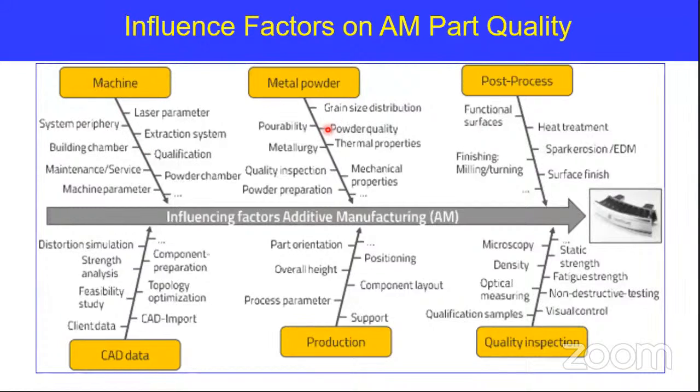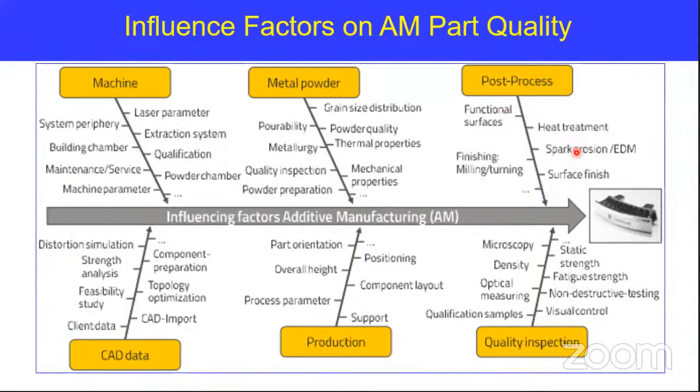For example, when we are focusing on metal AM, not FDM, then the kind of metal powder and its quality, the CAD data, how we slice and plan it for printing, and the production itself while printing: orientation, parameters, supports, and so on. And then the post processing, what kind of stress relieving, and the surface finishing.